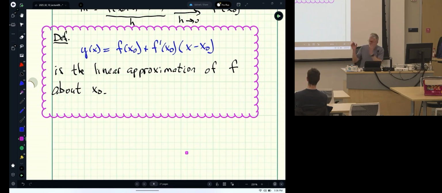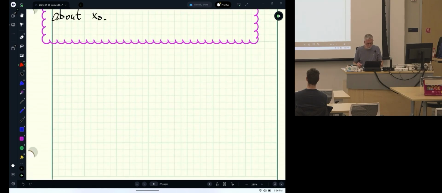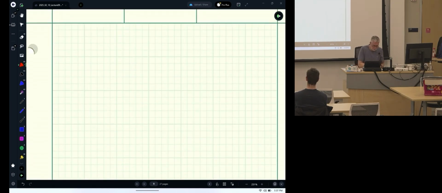Okay, so it turns out this little simple idea of the linear approximation allows you to derive all of the differentiation rules known to mankind.